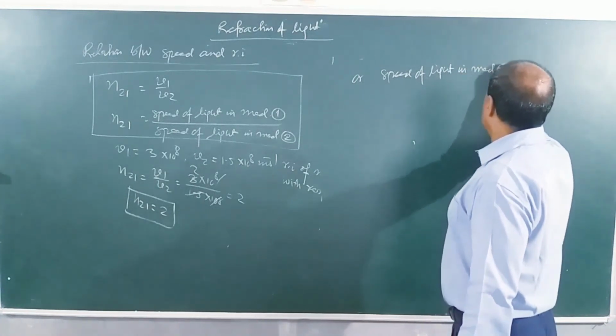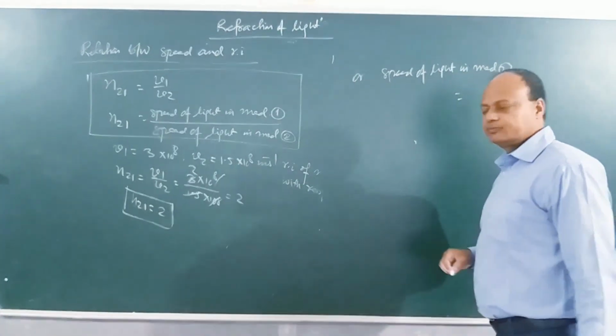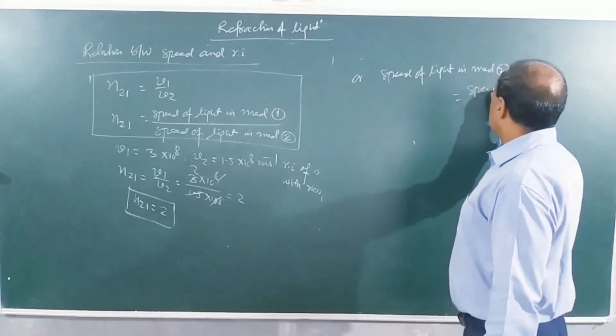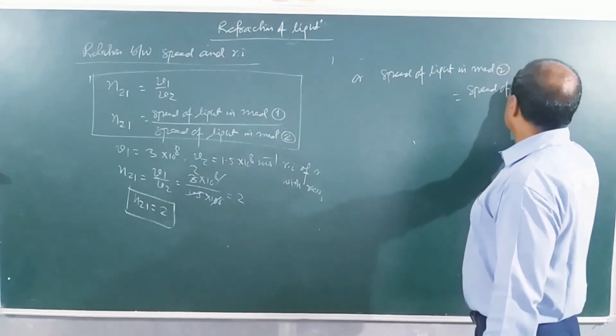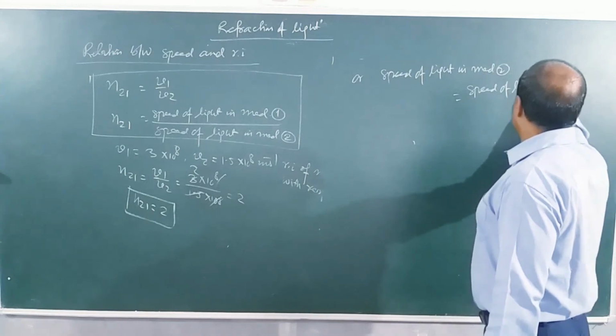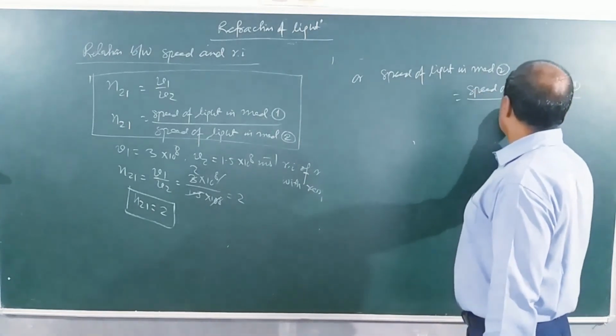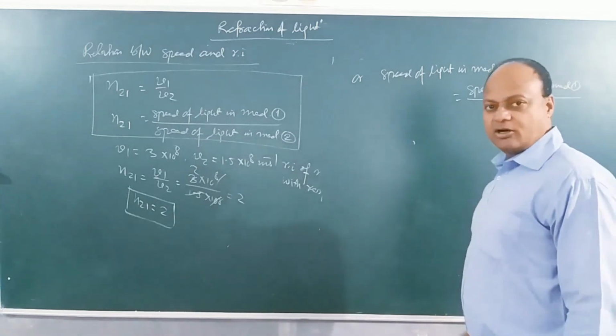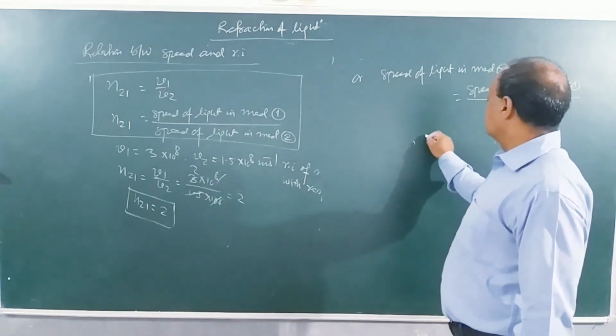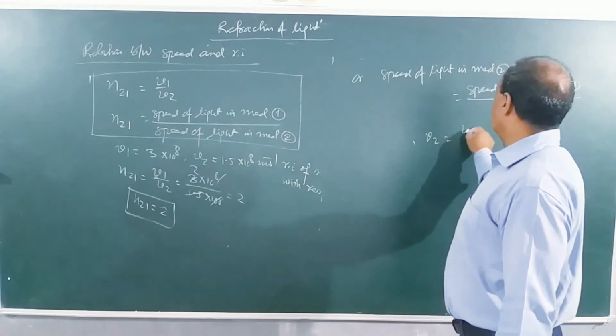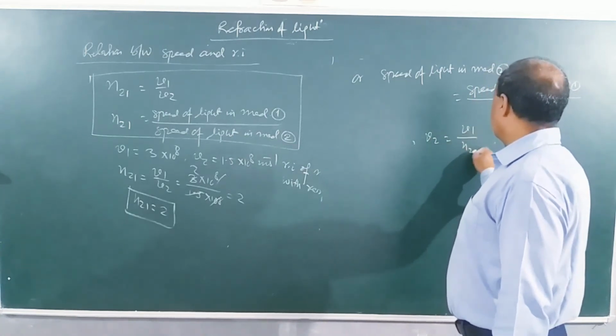Medium 2 is equal to speed of light in medium 1 divided by refractive index, or we can also say like this: V2 is equal to V1 by N21.